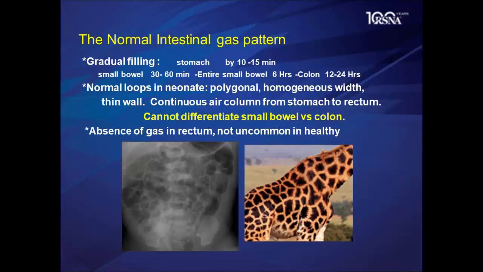This is an interesting analogy that my colleague Alan Daneman likes to show, because we talk about a polygonal pattern, and if you are from South Africa, you think about giraffes and the mosaic pattern that the giraffe has, and this would be the air in the bowel loops separated by the wall. Now, absence of gas in the rectum is not uncommon in healthy newborns.